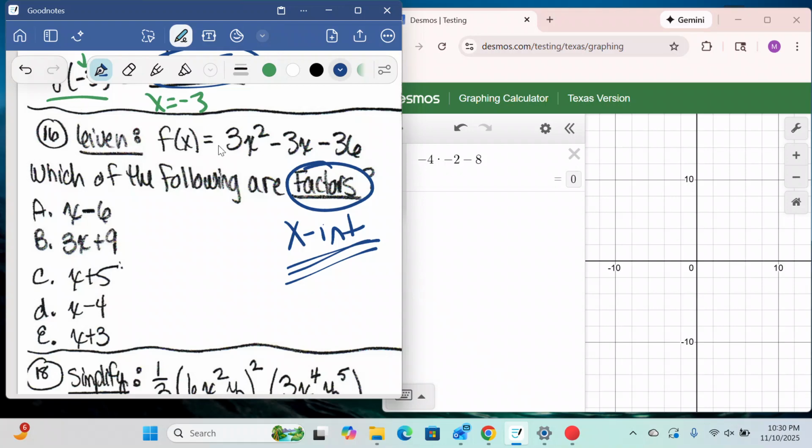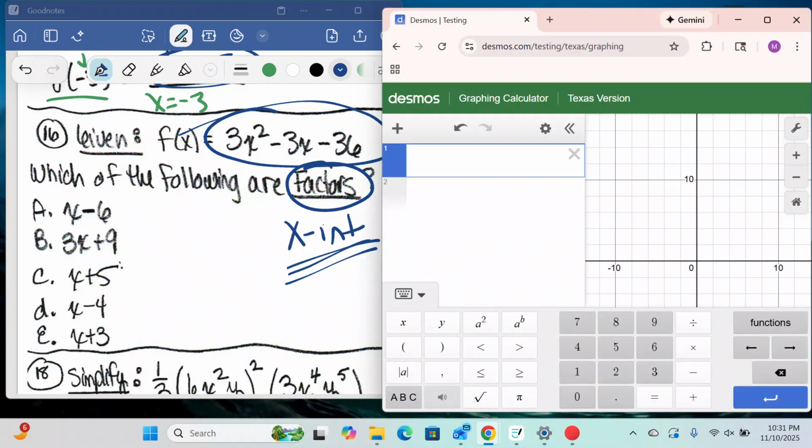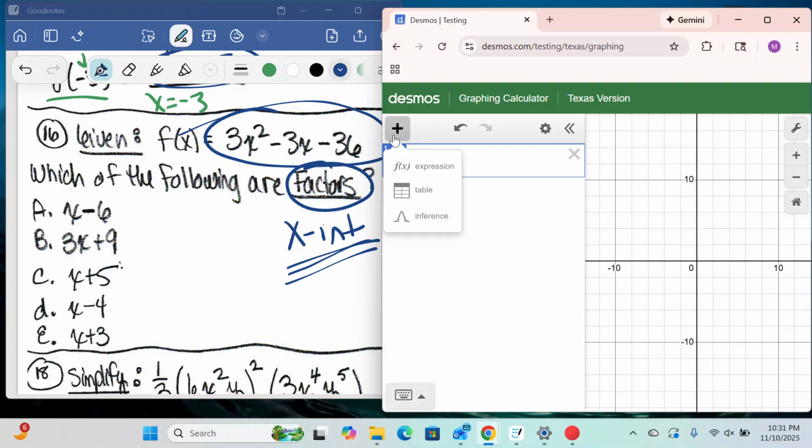So first of all, I am going to input that equation into Desmos. I'll give you a little bit of time to go ahead and input it into Desmos. So once again, all I'm going to do is delete my work here from the previous equation and input this expression. Of course, you may be tempted to put f of x. Do not put f of x.